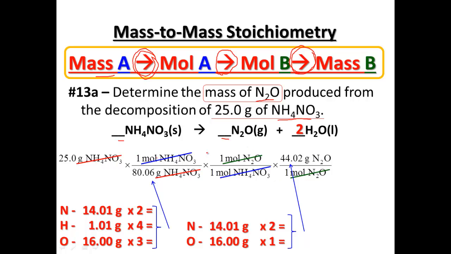Numbers on top are multiplied, numbers on bottom are divided, and in the end we end up with about 13.75 grams of N2O. If we were looking at sig figs, we start out with 3 sig figs, so we'd end with 3 sig figs. So 13.8 grams of N2O is what we'd see there.